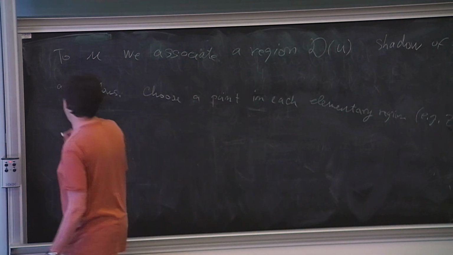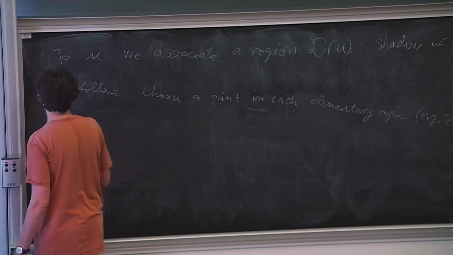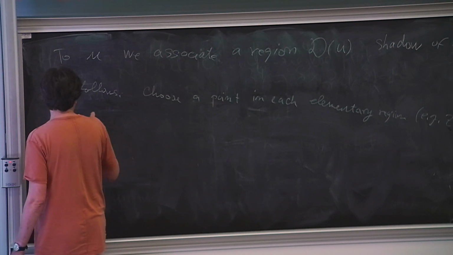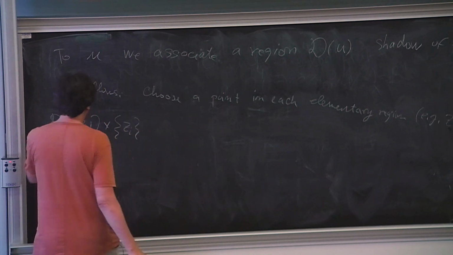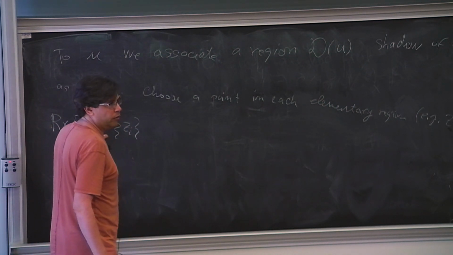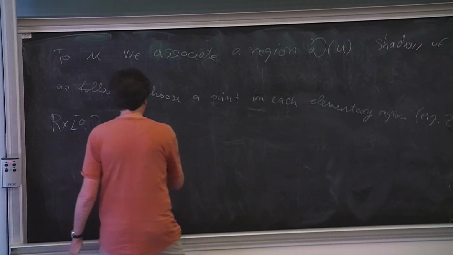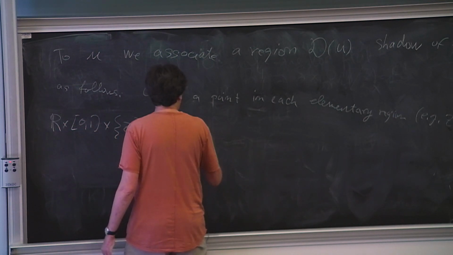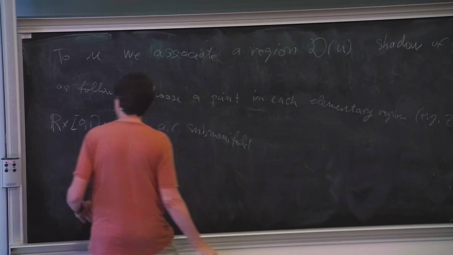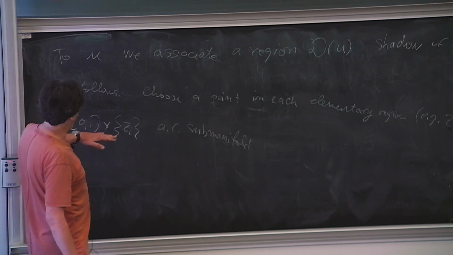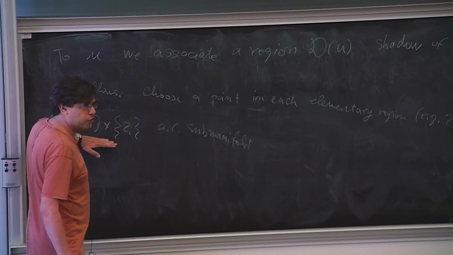And then we observe that R times [0,1] times z_i is an almost complex submanifold, which means that J preserves its tangent space.